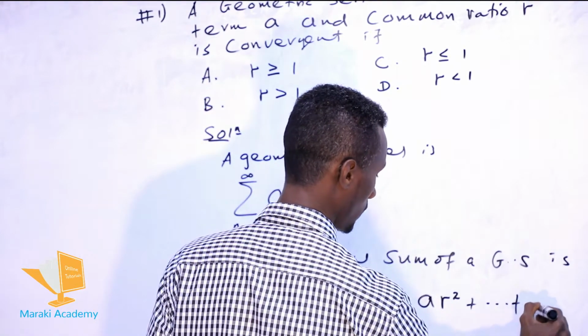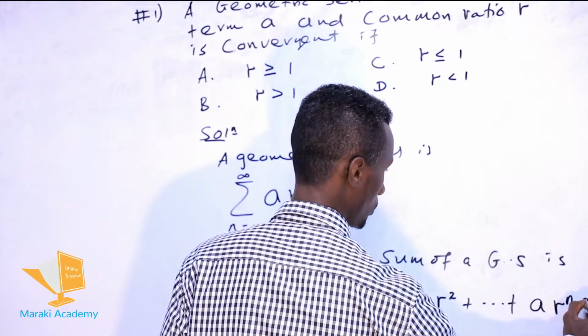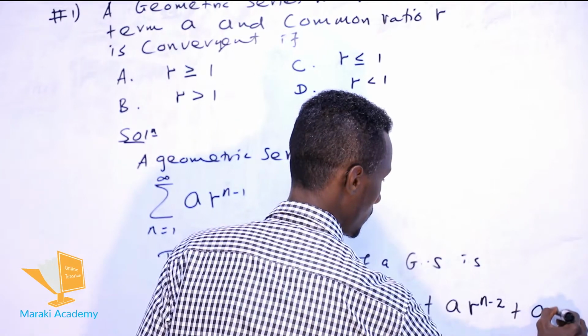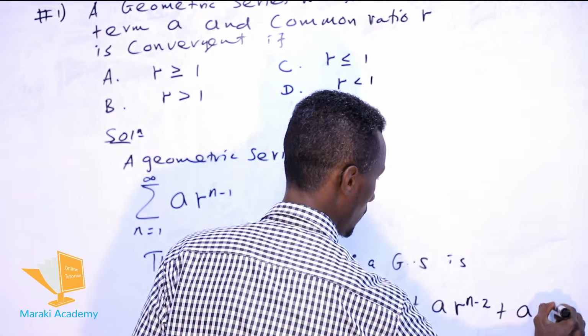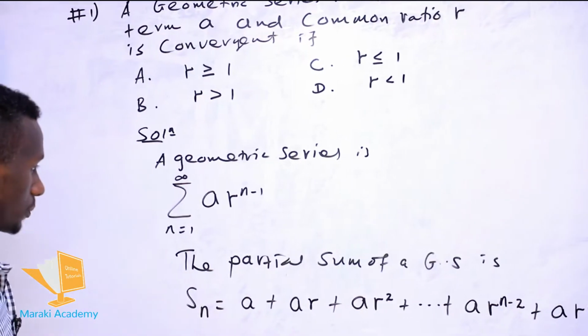At n minus 1, the term is a times r raised to n minus 2, plus the nth term. At the nth term, we have a times r raised to n minus 1. So this is the nth partial sum.